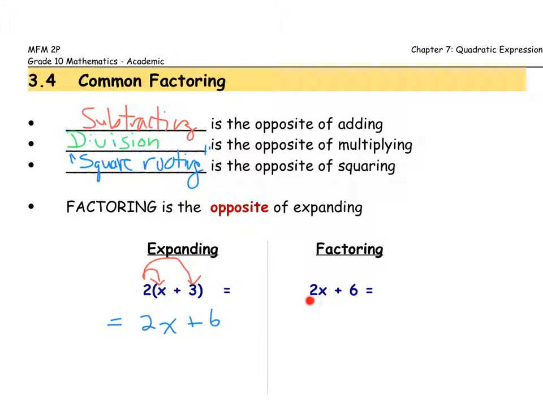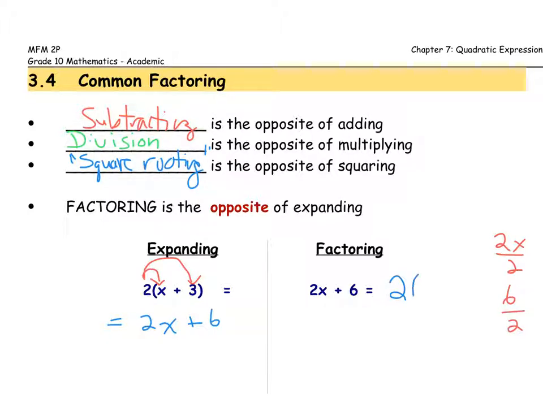When I look at the numerical component, I know that in the number 2, there's a factor of 2. And I know in the number 6, there's a factor of 2 as well. So I can pull out a 2 as a common factor because both 2x and 6 can be divided by 2. So on the side, I know that 2x can be divided by 2, and I know that 6 can be divided by 2. Both of them can be divided by that same value.